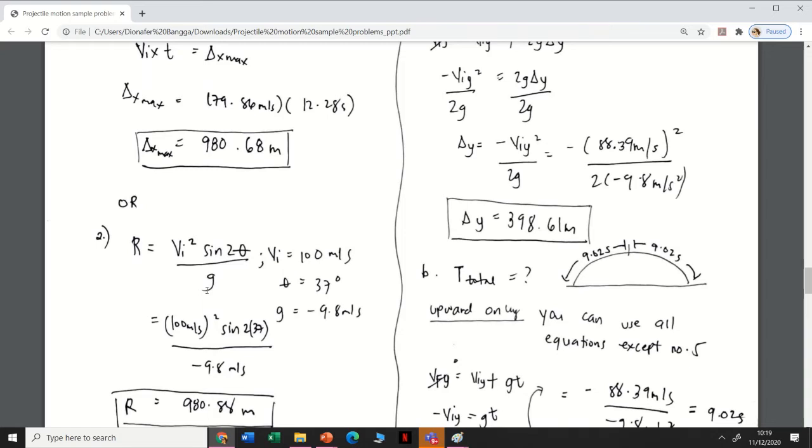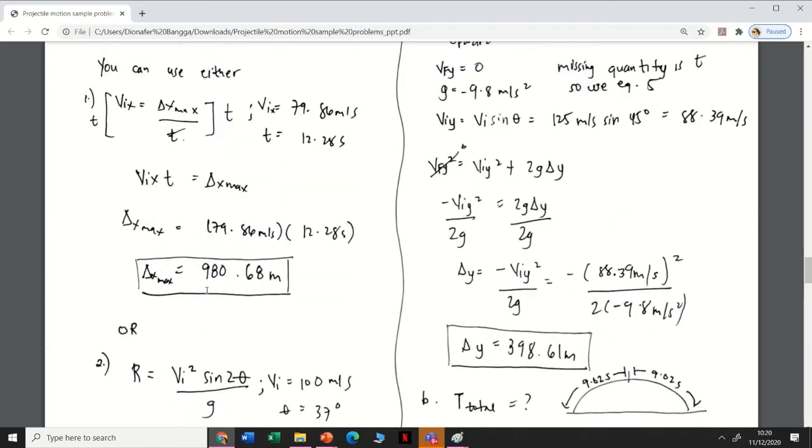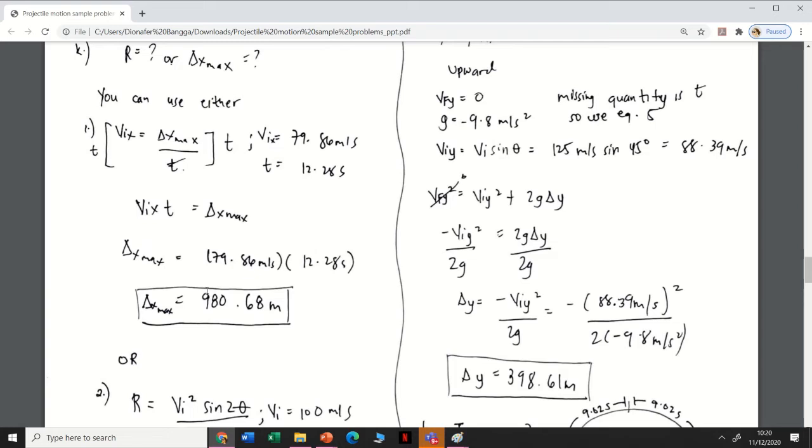You can use the special equation since this is case number 2. Now, the second option is for us to use the dimension aspect of our projectile. In this case, since we are looking for the delta x, we can simply use the only formula for the horizontal dimension, which is Vix equals delta x divided by t.